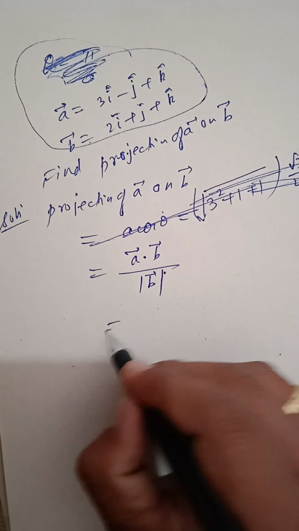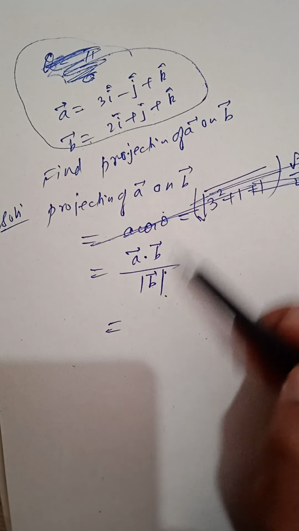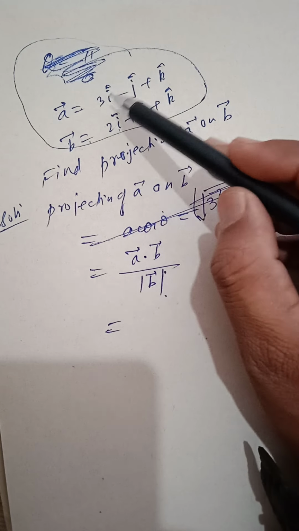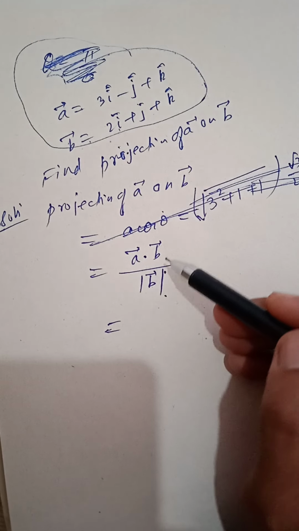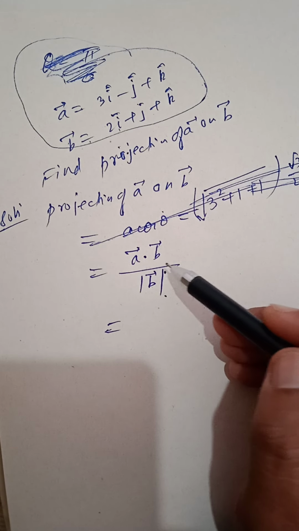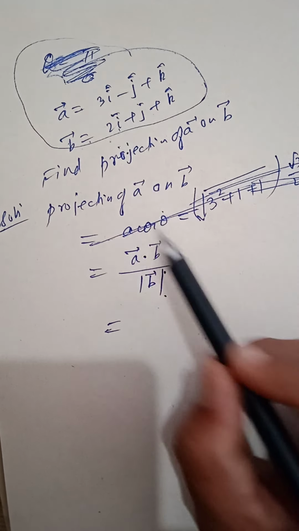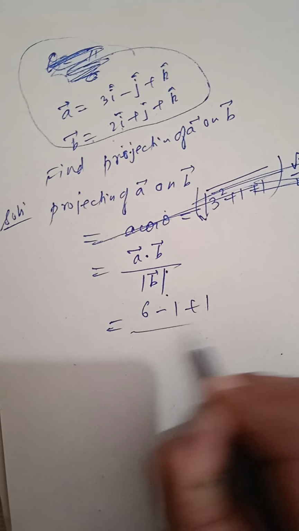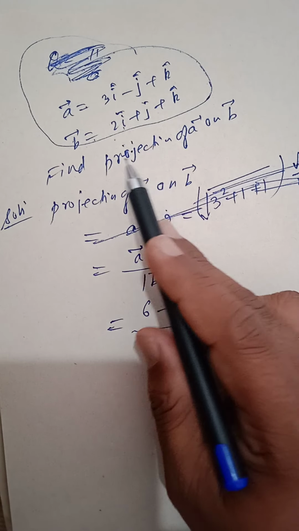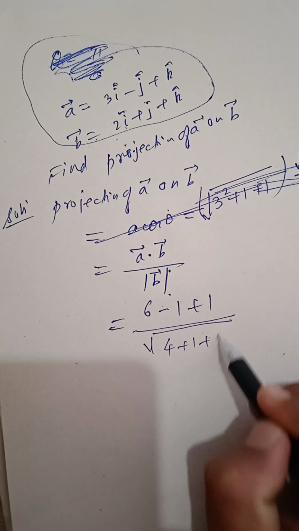Directly we will apply A dot B upon magnitude of B, because you will get another value of the projection, since it does not satisfy. Let us calculate and find it out. So we get 3 dot 2 is 6 minus 1 plus 1, divided by magnitude of B, which is root of 4 plus 1 plus 1.